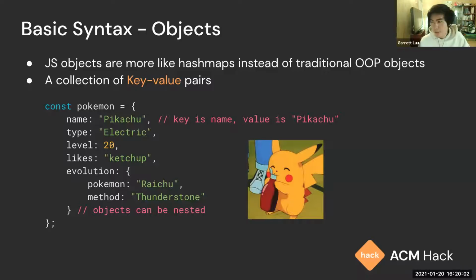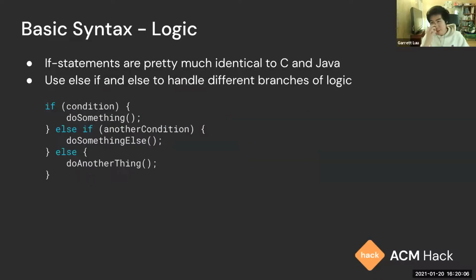All right. So next up, basic logic. This stuff is pretty much identical to C and Java. You use if, else if, and else to handle different branches of logic. This is pretty simple, right? If whatever condition here is true, then do something. If this is not true, it's going to check if this condition is true.